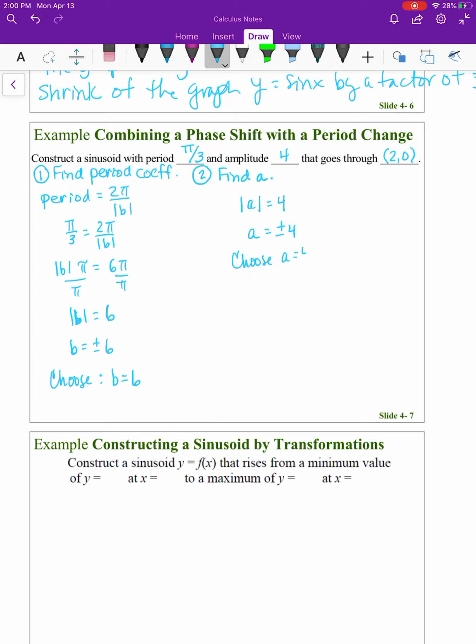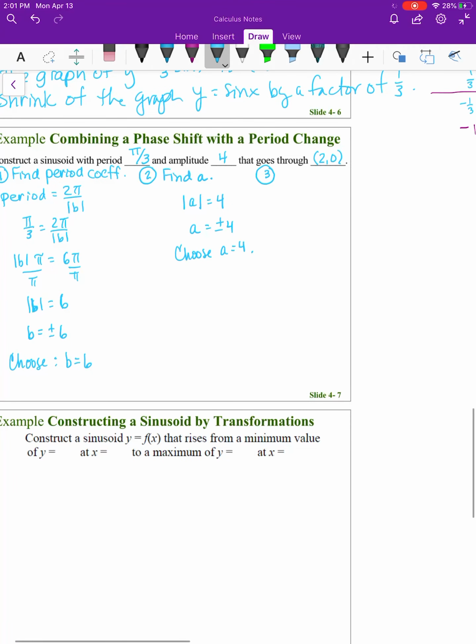Your actual A could be plus or minus 4. And we're going to, again, arbitrarily choose A equals positive 4, okay? But please know that when they give you that amplitude of 4, amplitude is always positive. So you have to say, I'm going to choose, whichever one I'm going to choose. So now, because we're creating our own function here, that's why it's just easier to choose a positive one.